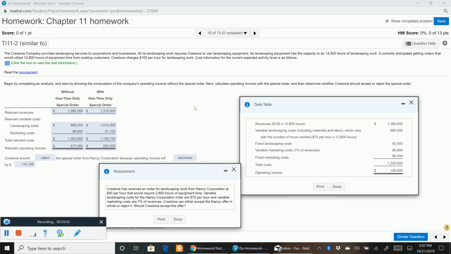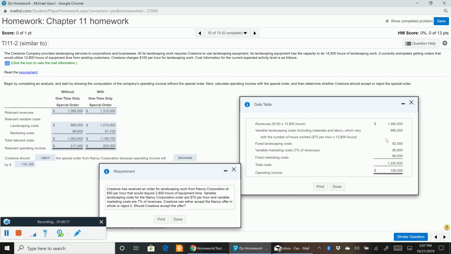Now, the only reason we're thinking about the offer is because we have some idle time. Our regular customers utilize 13,800 hours of equipment time, but we have the capacity to use 14,500 hours. This is the data table with the regular customers making $100 an hour times 13,800 hours, or $1,380,000.